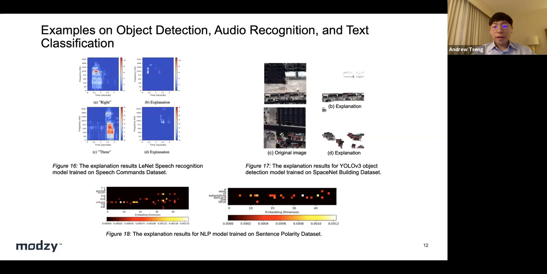Finally, we go to the NLP task, which is a text classification task. The task of this model is to decide the polarity, whether this IMDb movie review is positive or negative. So the first one is, "It's a glorified sitcom and alone or funny on that."